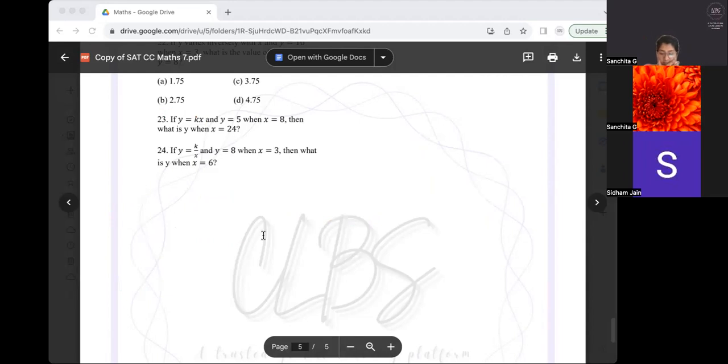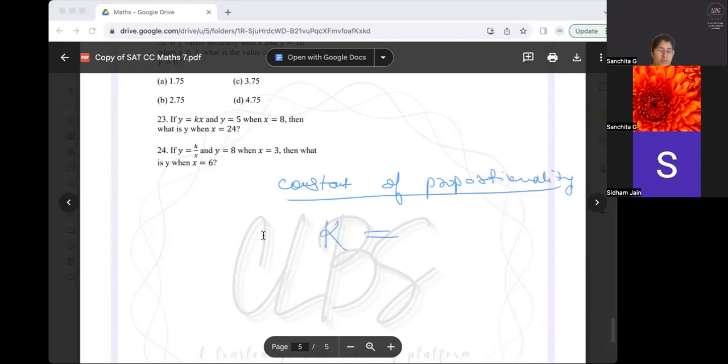I can also solve using the constant of proportionality. K is equal to y by x, and here k is 5 by 8.